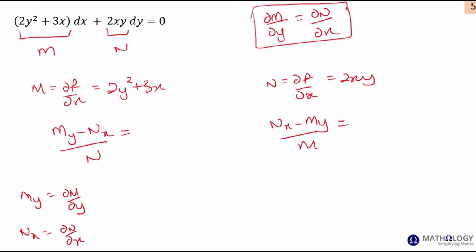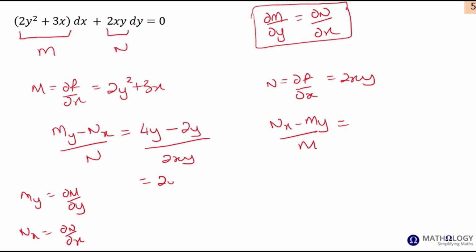So M sub y, the partial derivative of M with respect to y, is going to be 4y, minus the partial derivative of N with respect to x, which is 2y, over N, which is 2xy.